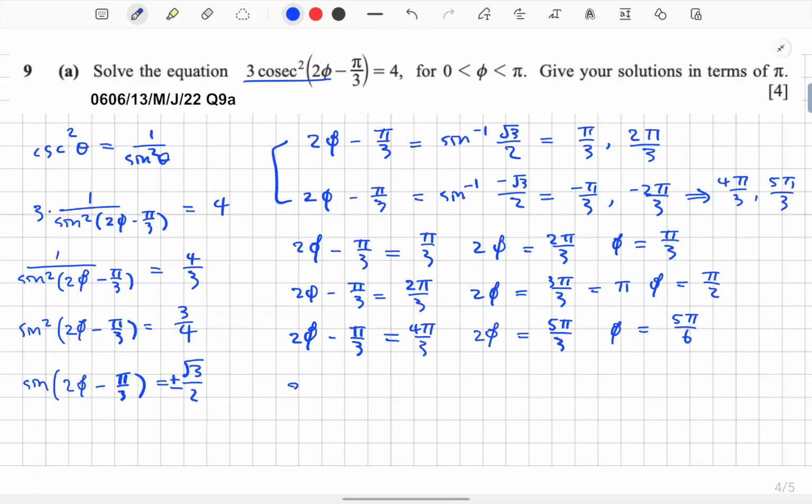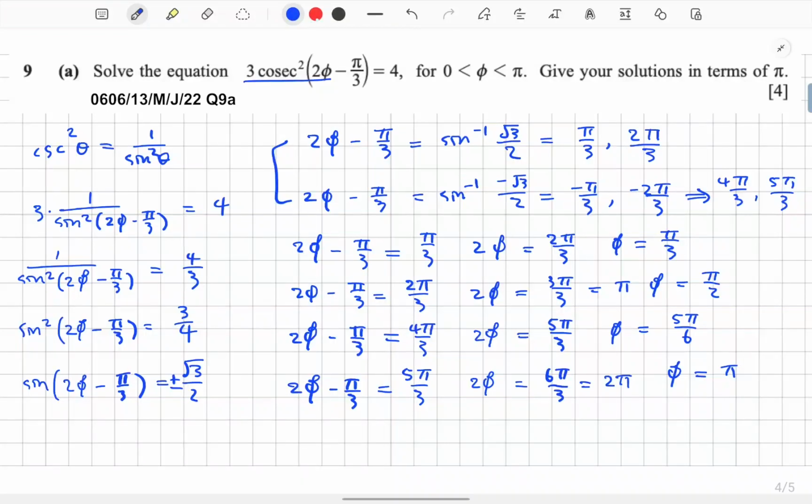The last one is 5 pi over 3. 2 phi will be 6 pi over 3, or 2 pi, and phi will be pi.